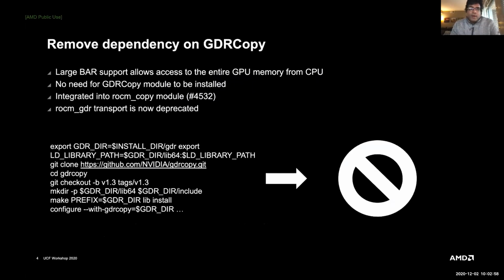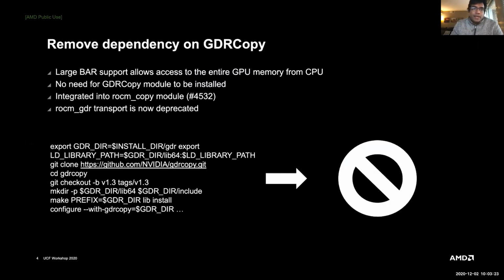One of the big changes that we made was removing the dependency on GDRCopy. Earlier we had a ROCm GDR module, similar to the CUDA GDR transport, that used the GDRCopy library. The goal of that was to allow the CPU to access GPU memory in a fast way.